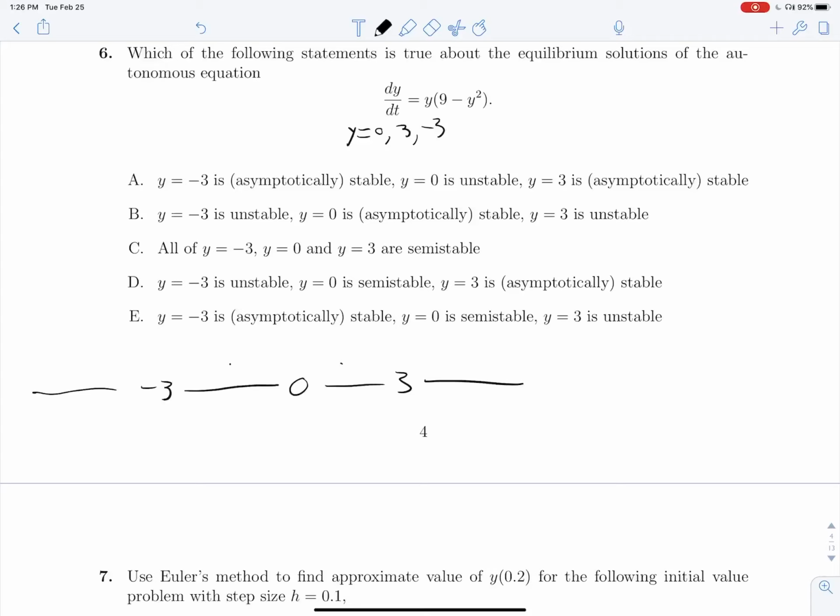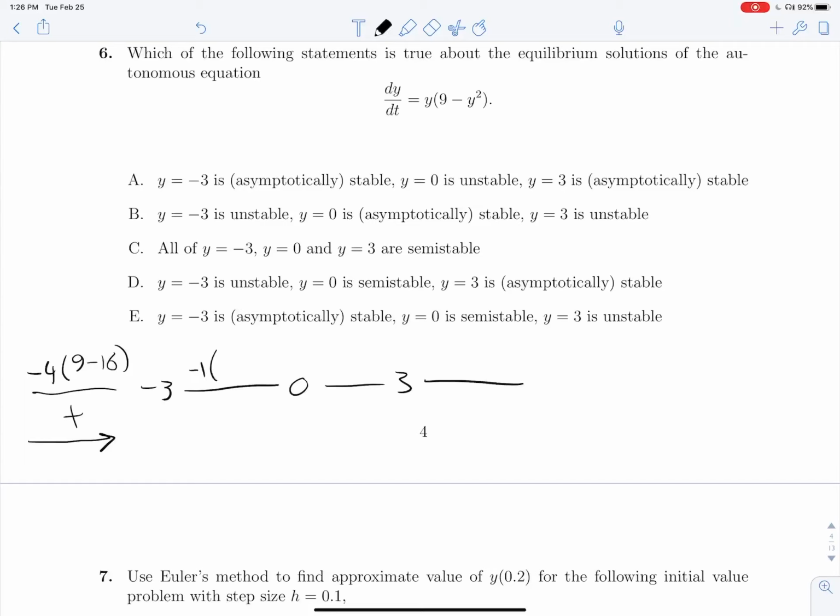And all we need to do is check a value for all 4 of these intermediate intervals, because if we try to evaluate at any of these, we are just going to get 0. So let's do this. If we evaluate y equals -4, we will get -4 times 9 minus 16. So we'll have 2 negative numbers. This will give us a positive number, and we'll represent that by an arrow heading in the positive direction. What about -1?